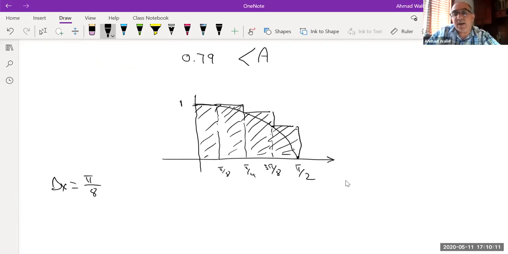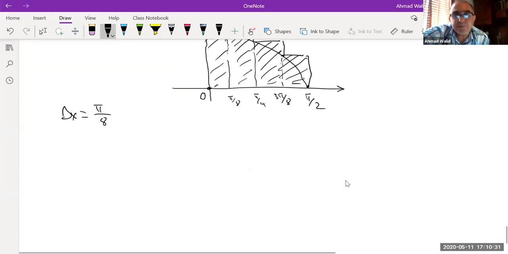But because you are using the left endpoint, you have to look for the cosine of 0, cosine of pi over 8, cosine of pi over 4, and cosine of 3 pi over 8. Do you want me to write that step also for you?